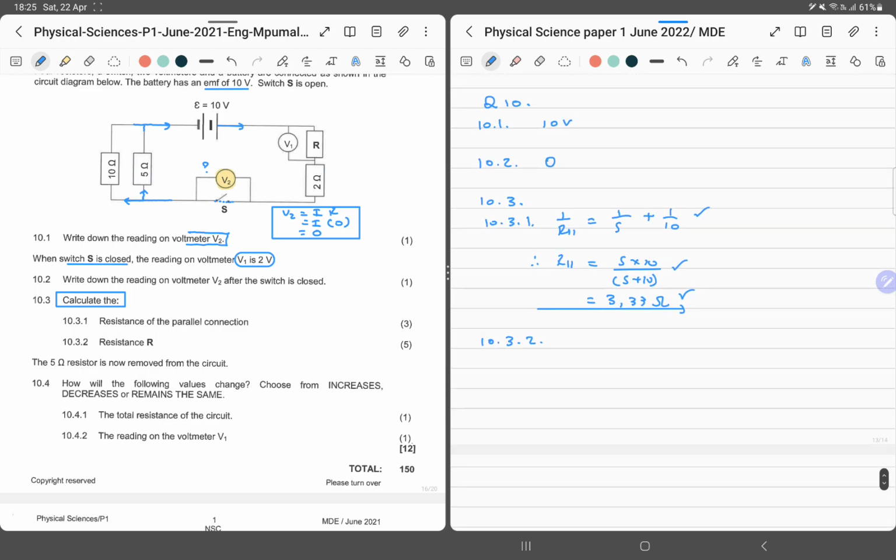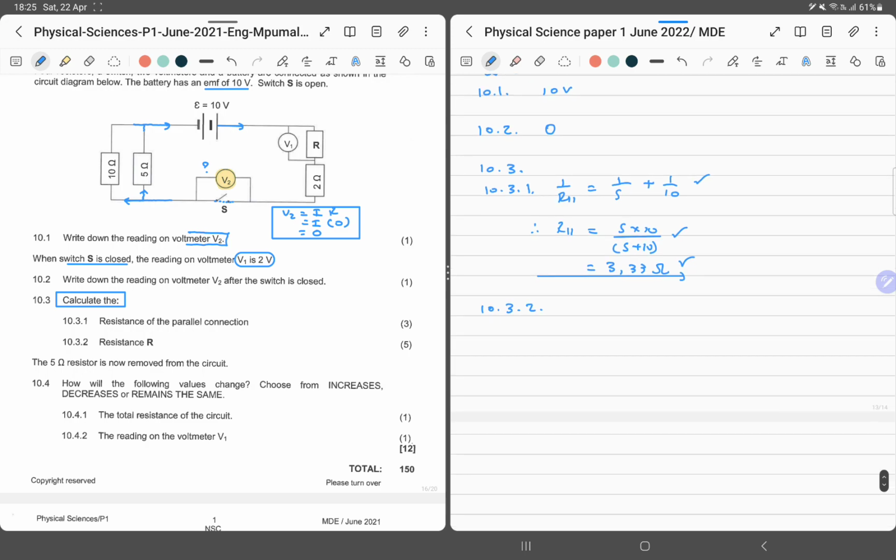So it looks like we need a bit of space here. Okay, 10.3.2 is the resistance of R. Okay, not a problem. We can handle that. It's 5 marks. You can see there's a lot of work to be done. So what do we need? First of all, we need the total current.